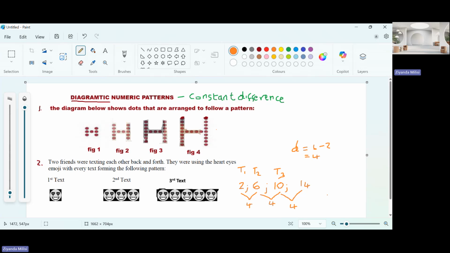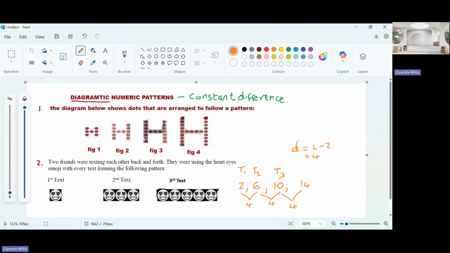Okay, you know the constant difference here. You can also work out now the general rule that we can use to calculate the heart eyes, maybe in text 60, 70, or 75, or even 150.